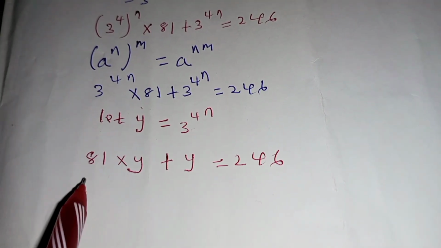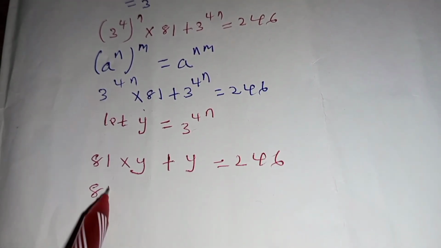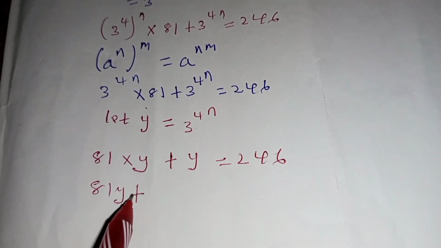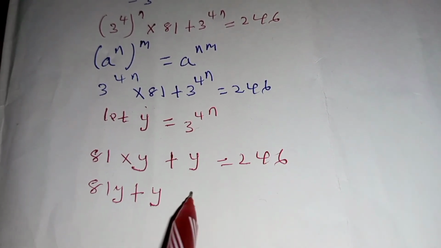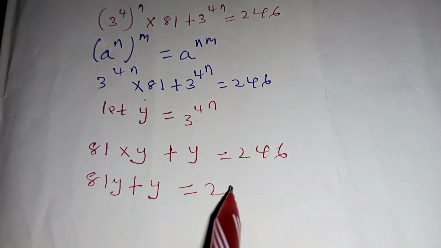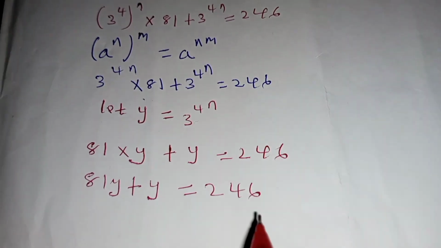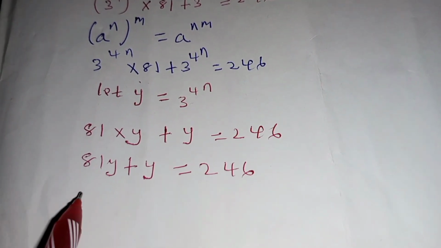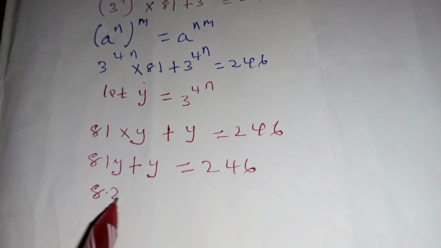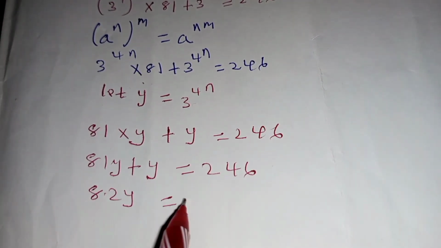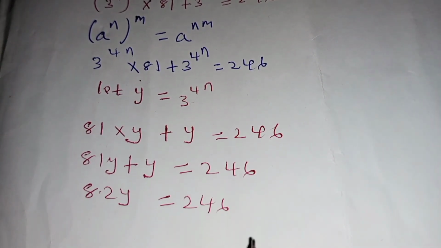So we have 81 times y is 81y, plus y being equal to 246. 81y plus y is 82y, which is equal to 246.